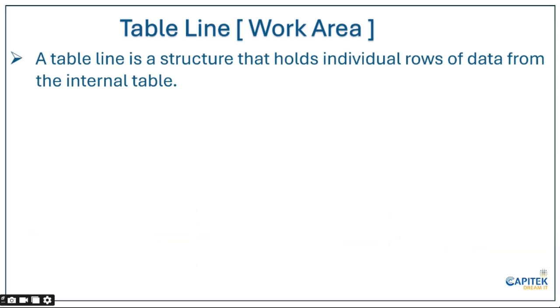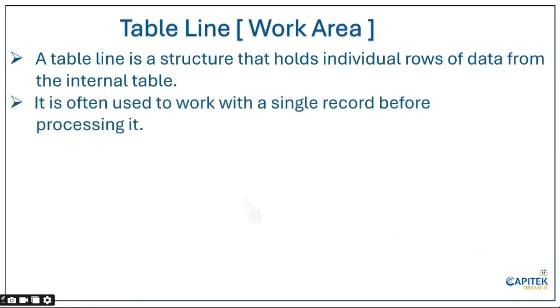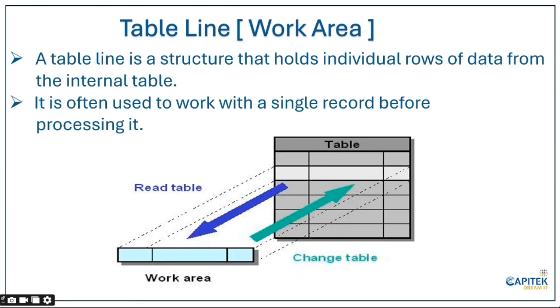As I told, an internal table has multiple rows. You can see in this picture, there are multiple rows available over here. The combination of all these rows makes an internal table.